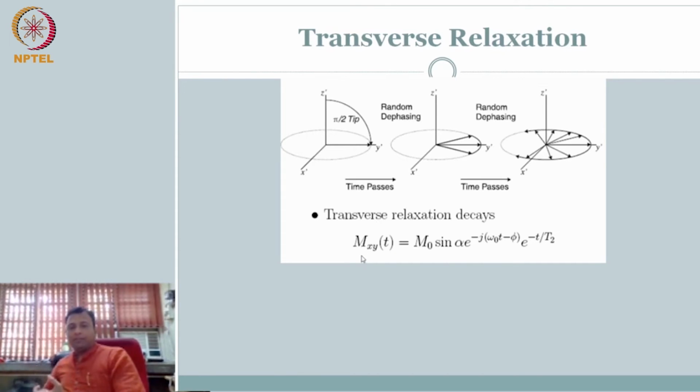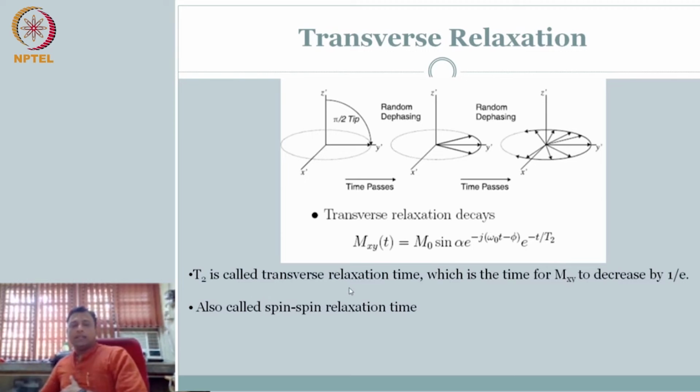So if we add this Mxy from before, what we have added now is a practical process. You don't just keep having Mxy forever. There is going to be a decay, and the decay in this case is modeled as an exponential decay with time constant T2. That is, T2 describes how fast it dephases, or how fast the signal is getting lost in the exponential model.